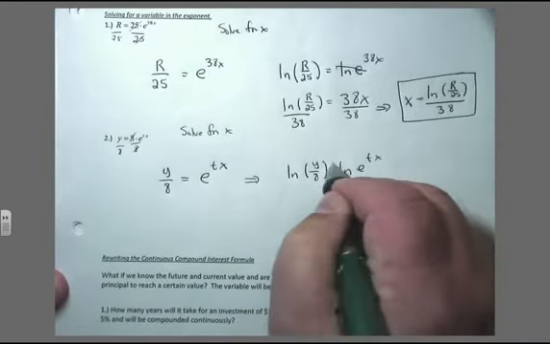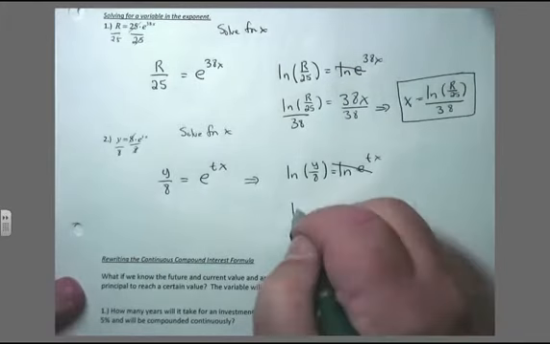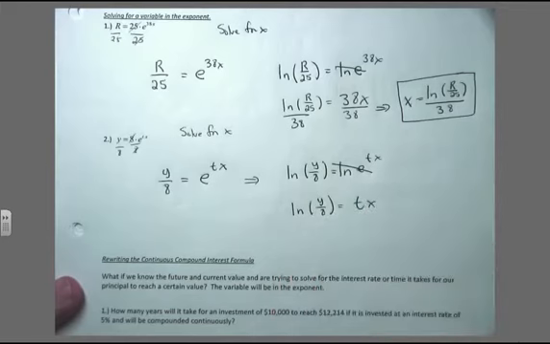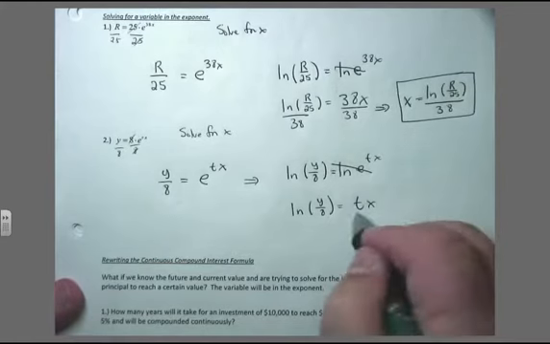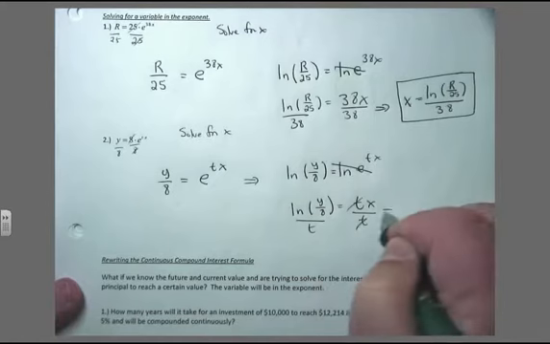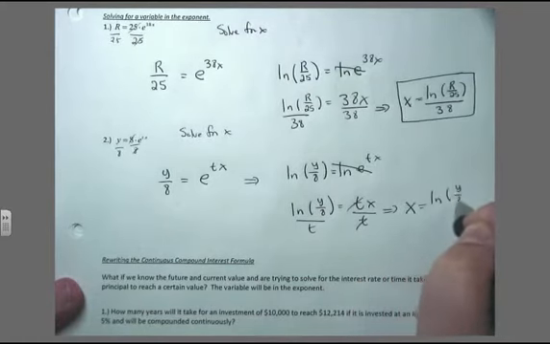And natural log and e's cancel, leaving you with the natural log of y divided by 8 is equal to t times x. Now solve for x. What am I going to do to solve for x? Divide by t. t is just some kind of number constant. Divide by t and that gives you the answer. x is equal to the natural log of y divided by 8, divided by t.